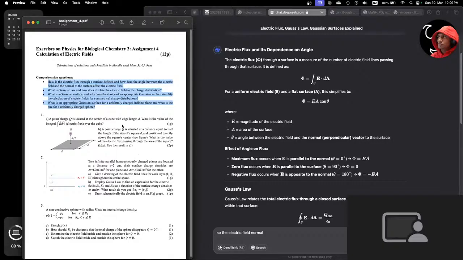How is the electric flux through a surface defined, and how does the angle between the electric field and the normal to the surface affect the electric flux?